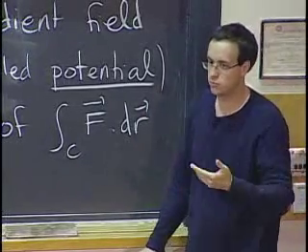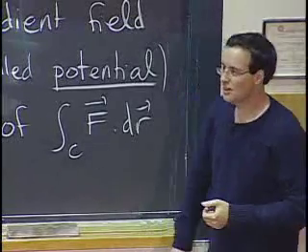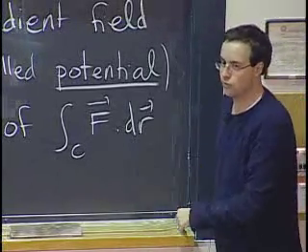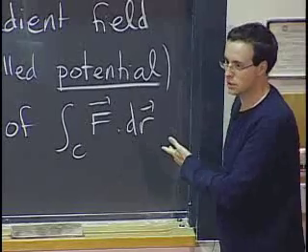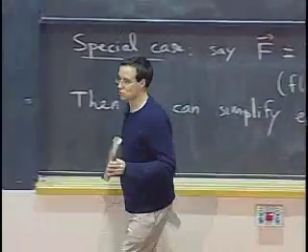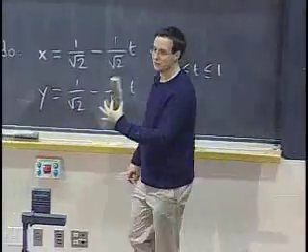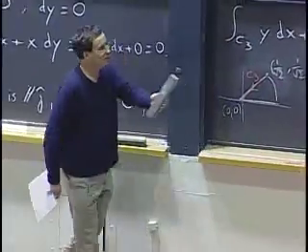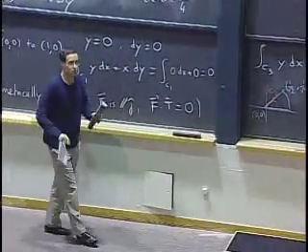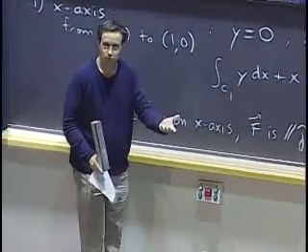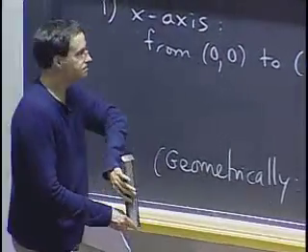Or same for gravitational force. So these are special cases of what's called the fundamental theorem of calculus for line integrals. So the fundamental theorem of calculus, not for line integrals, tells you if you integrate a derivative, then you get back the function. And here it's the same thing in multivariable calculus. It tells you if you take the line integral of the gradient of a function, what you get back is the function.